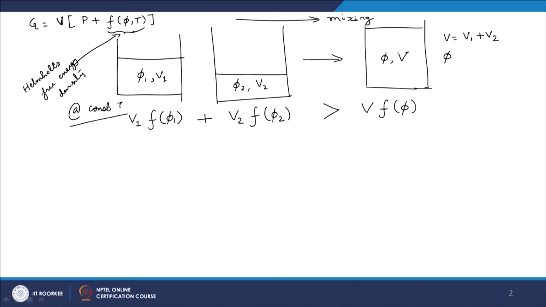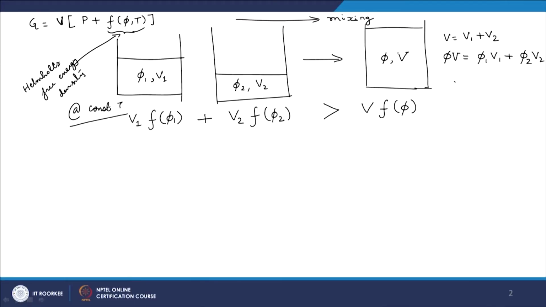What we can also do is find the final volume fraction in terms of the initial ones using the material balance over the solute. So, we have two equations to solve for phi1 and phi2.